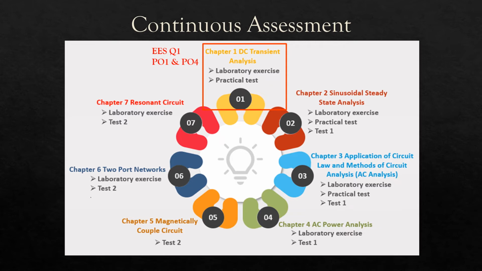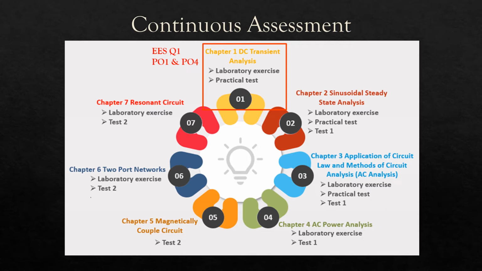The lab exercise is mapped to PO number 4, which is previously in the survey question number 1, and the test is mapped to PO number 1, knowledge assessment, using the cognitive domain, and the lab exercise is using the psychomotor domain.